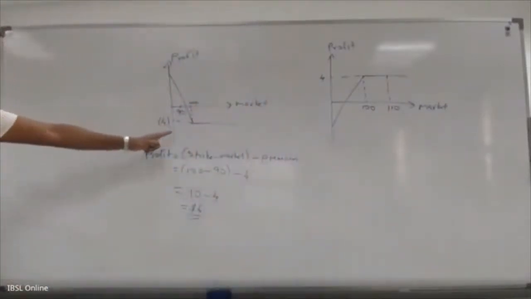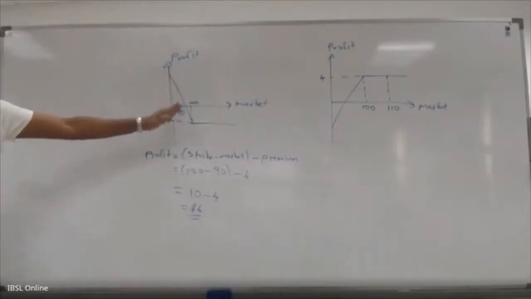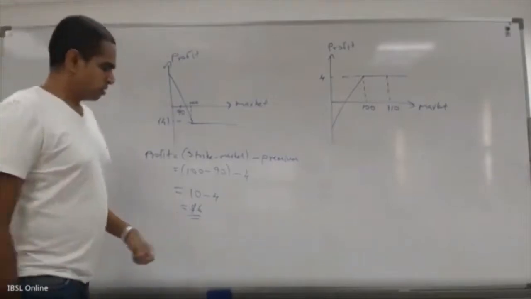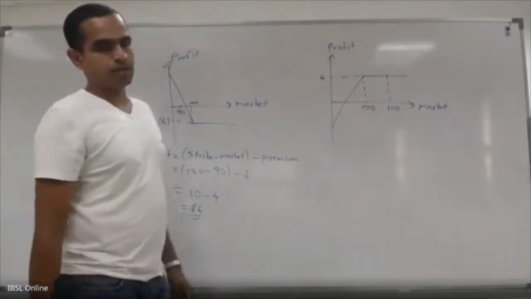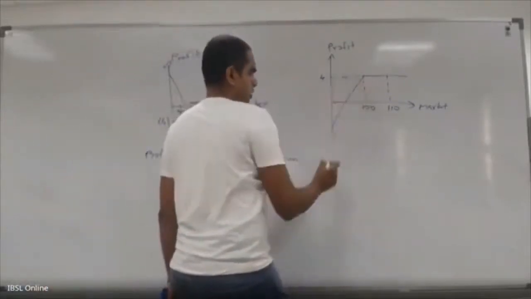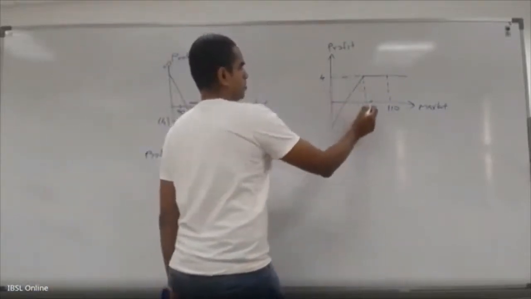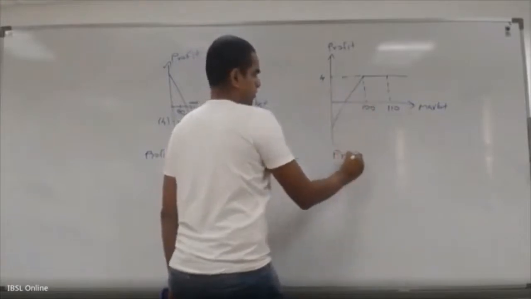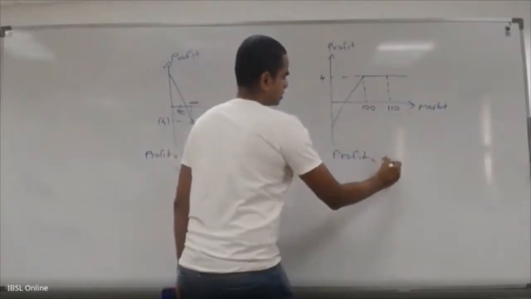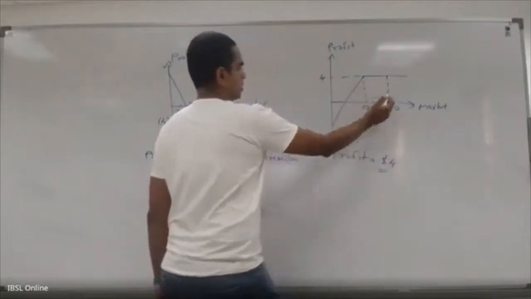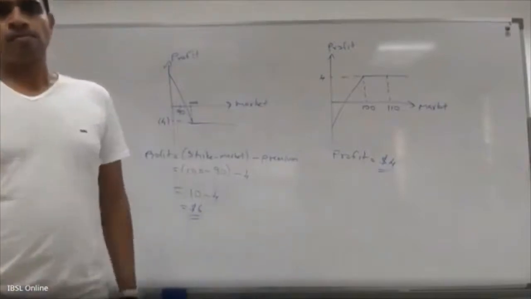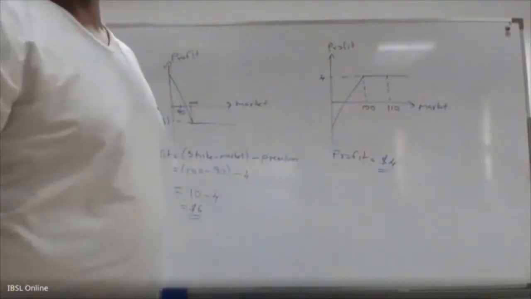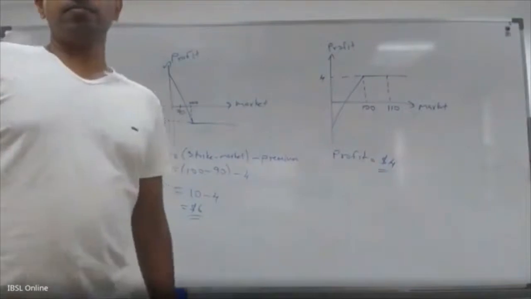Because in the previous example, strike is 100, put option, market is 90. Actually, it's in the money, which is why you get 6. But when it's out of the money and you're short, you only get the premium. Right? You collect the premium. In this case, the profit is $4. At 110, you collect the premium. Next one.